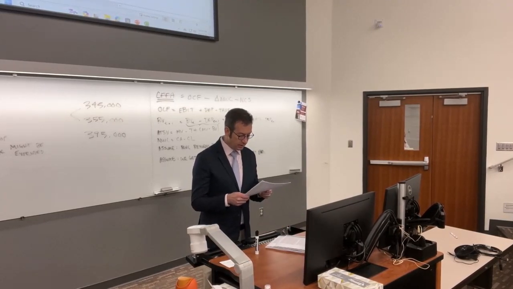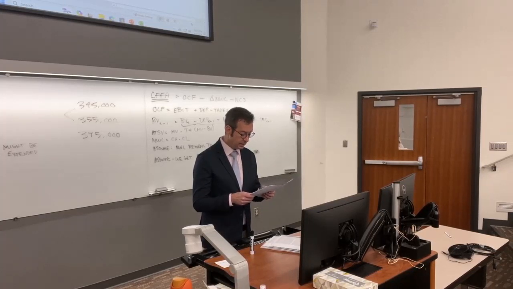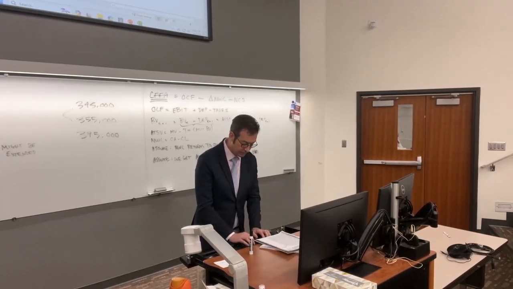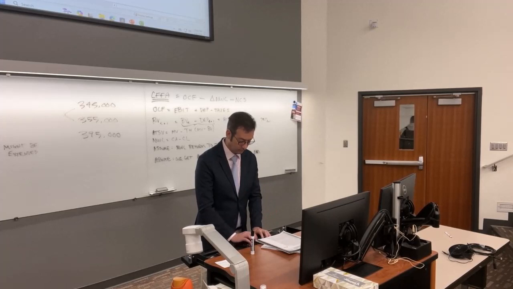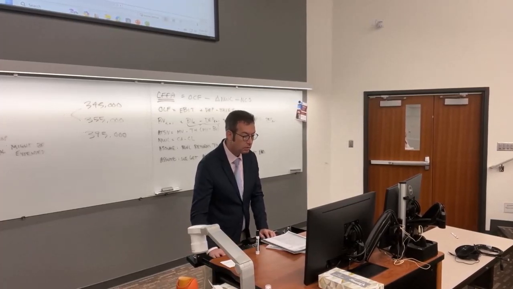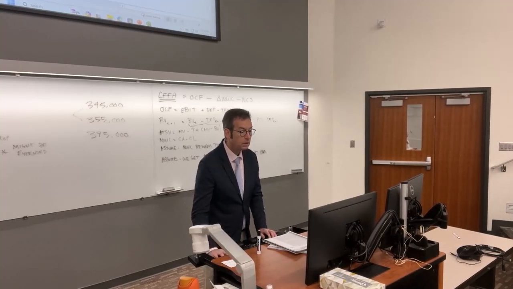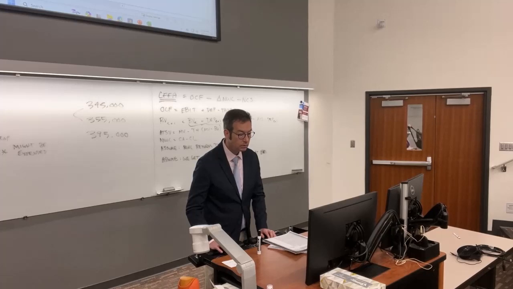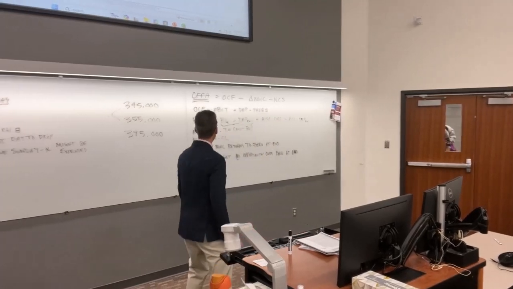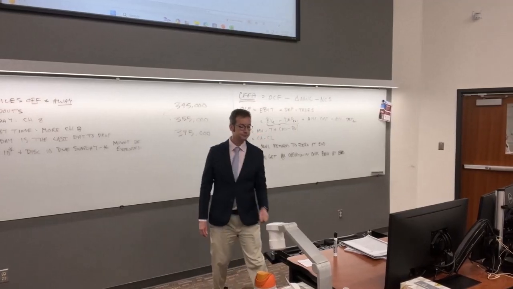And they tell us that it would be worth $30,000 at the end of 5 years. By the way, that $30,000 is going to be our market value for after-tax salvage value.